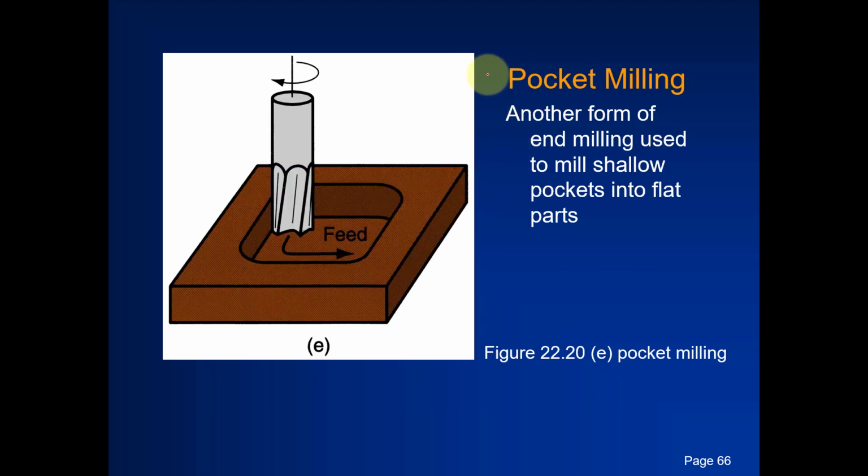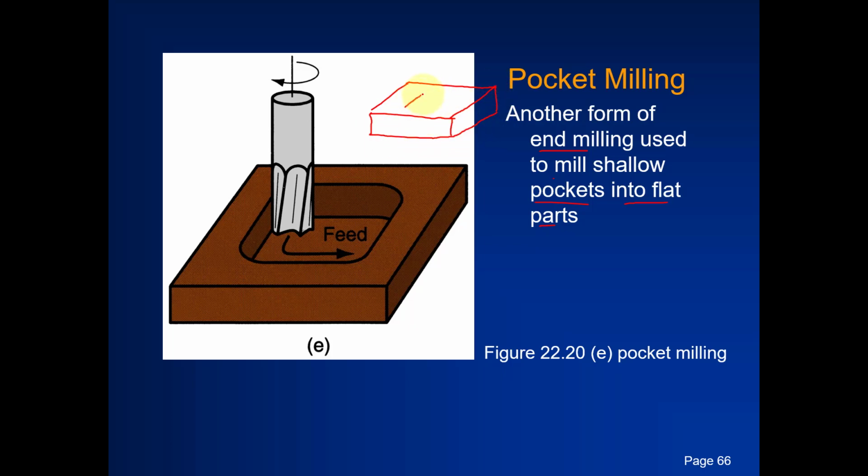Pocket milling. So pocket milling is again a form of end milling that is used to mill shallow pockets into a flat part. For example, you have this solid rectangular plate that is totally solid.